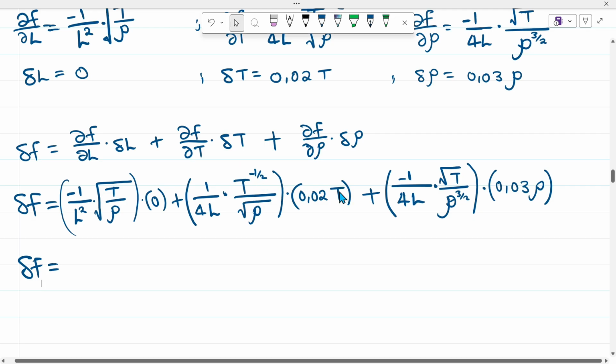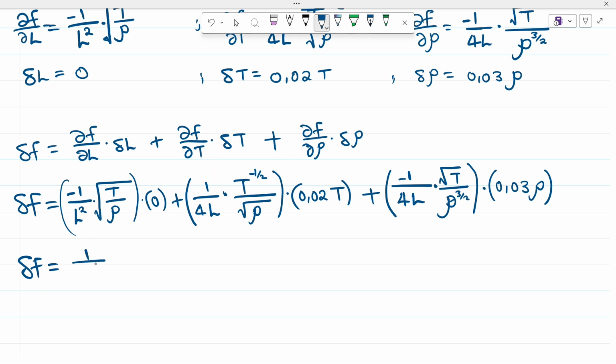That will be root of t after you have multiplied, and since t will now have a root and this will have a root, I'll just write root of t over p. I'll just rewrite it like 1 over 4L multiplied by a root of t over p, just like that, and then multiplied by 0,02. Makes sense, right?